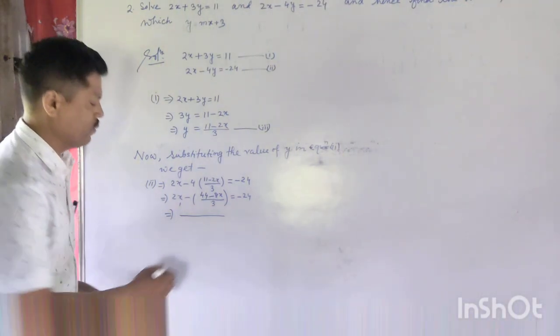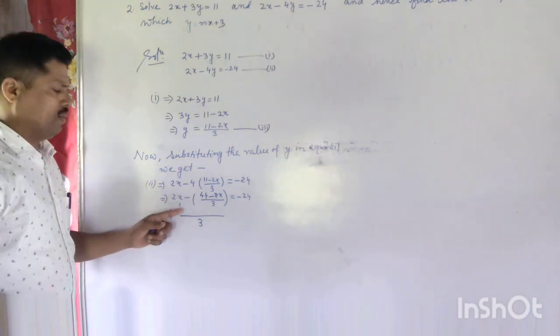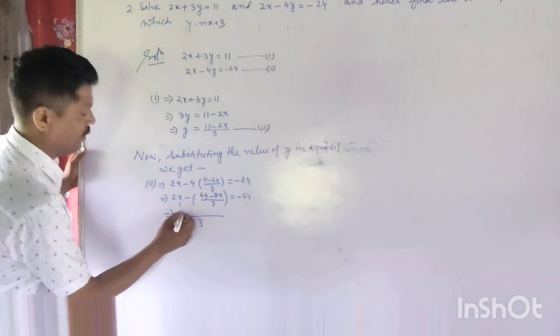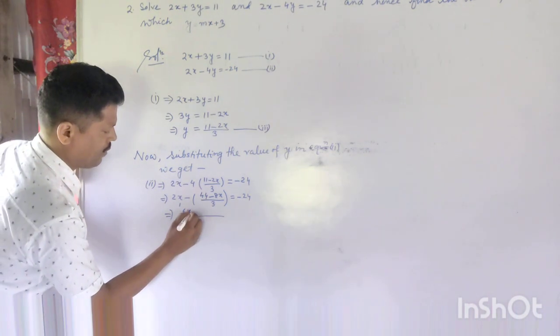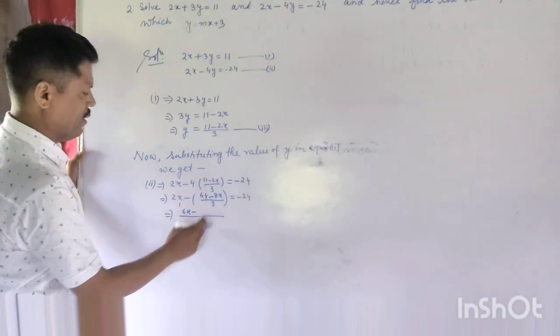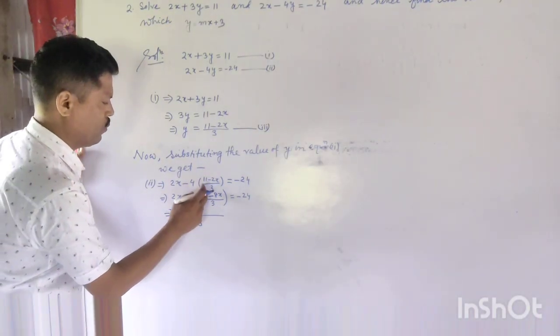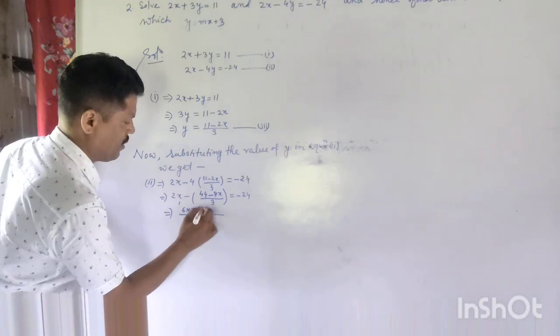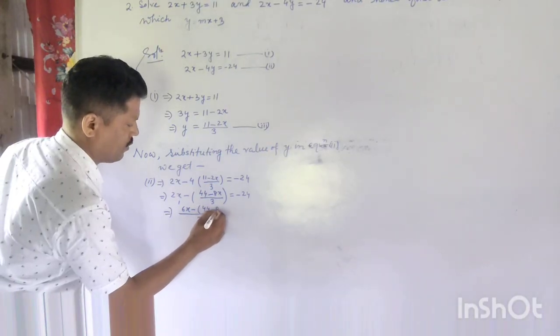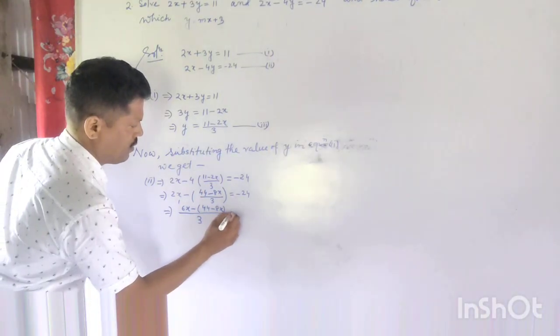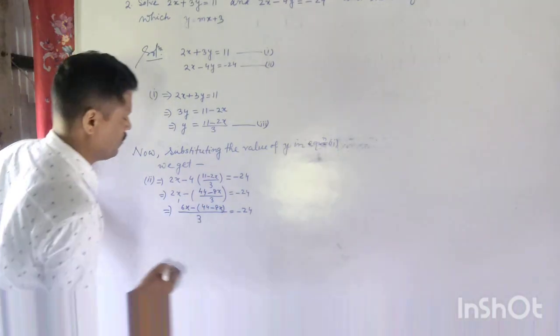Now here the denominator part will be 3. 1 and 3, LCM will be 3. 1 in 3, 3 times, 3 into 2, that is 6x minus, 3 in 3, 1 time, 1 into 44 minus 8x is equal to minus 24.